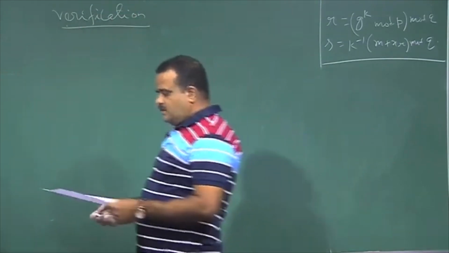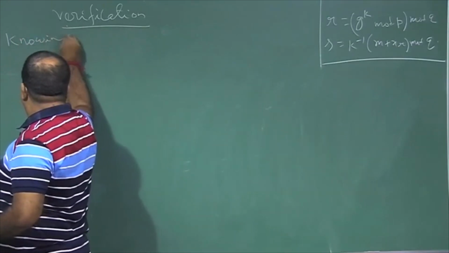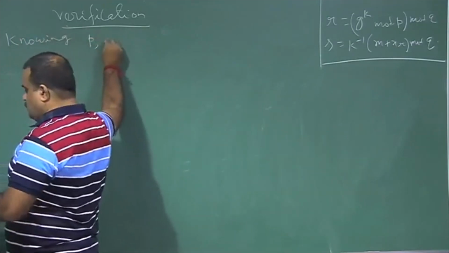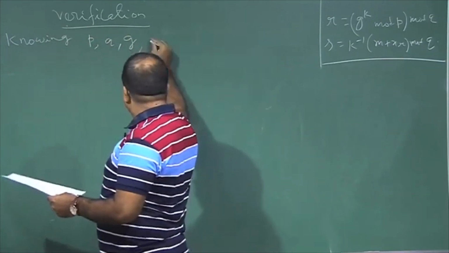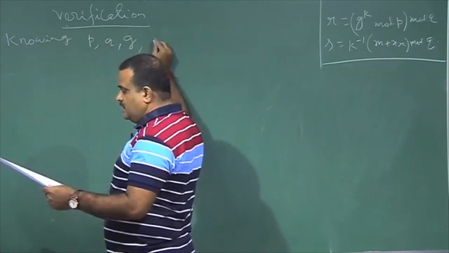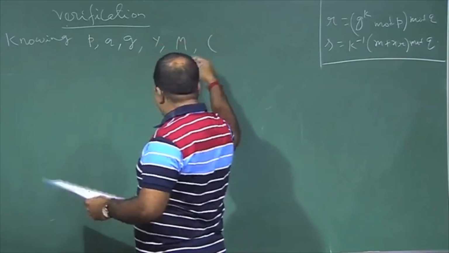Okay, so, the verifier knows P, Q, G, these are all public parameters, and Alice's, the signer's, public key Y, and the verifier also knows M. M is the message.